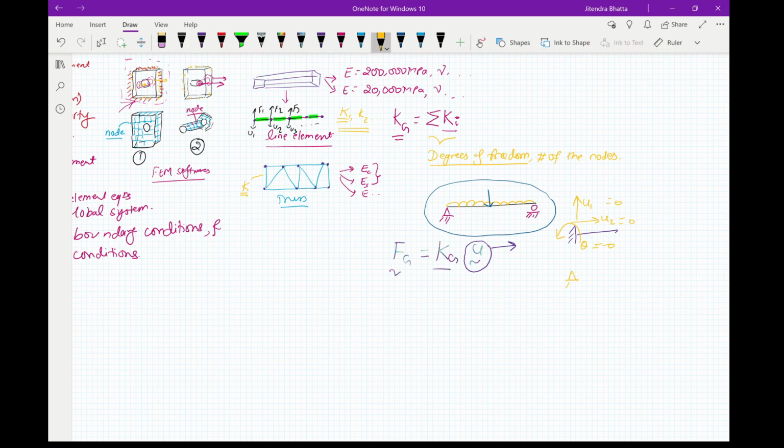Or for the hinged case, what you'll have is your u1 will be equal to 0, your u2 will be equal to 0, but your theta you may have to figure out. Therefore, the boundary conditions for the hinged case will be u1 equals 0 and u2 equals 0. And the force condition will refer to your force vector here.